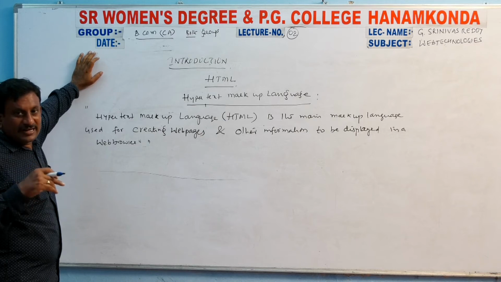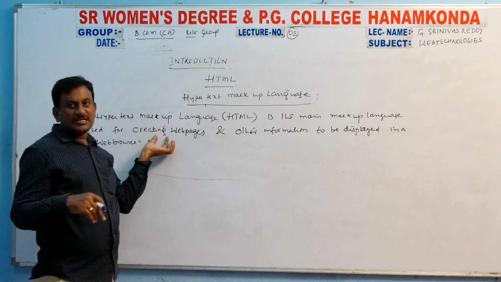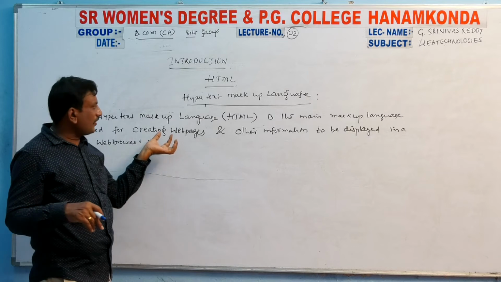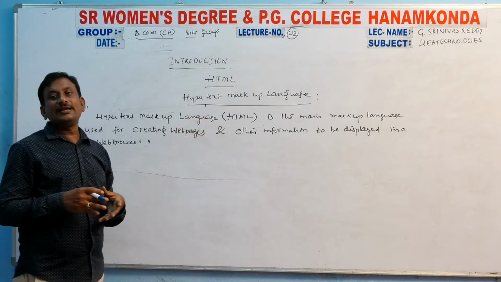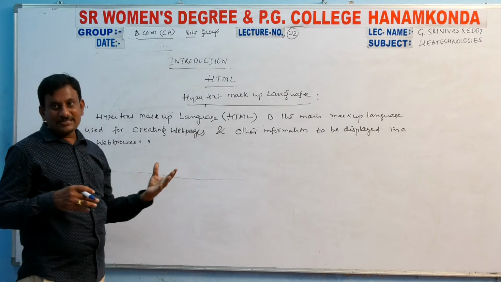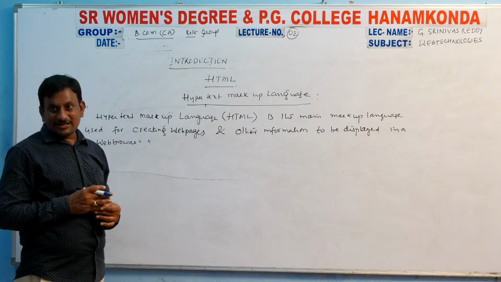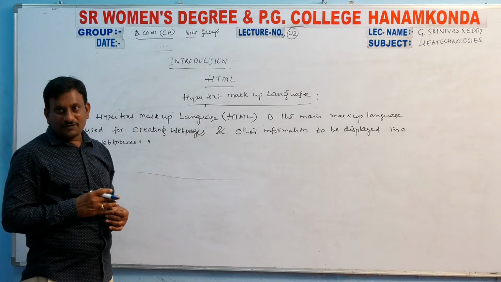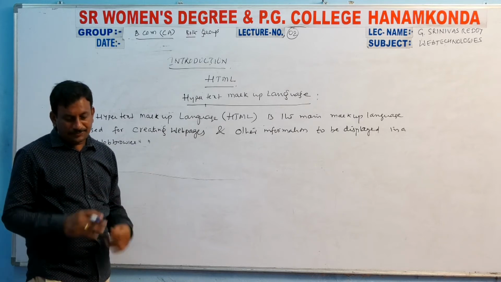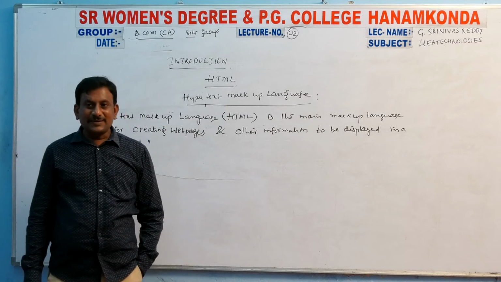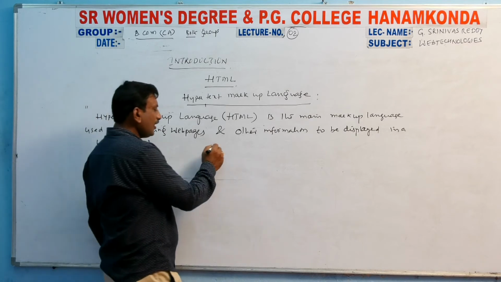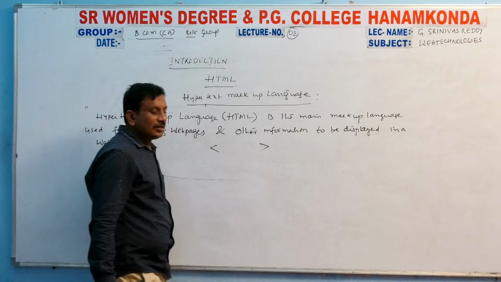HTML is mainly for creating and designing web pages. Hypertext means linking between web pages. Markup means text documents containing tag language. That is known as HTML. HTML can be written only in between less than and greater than symbols, enclosed with angle brackets.